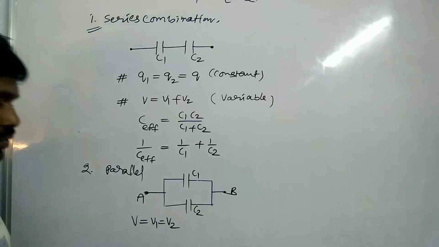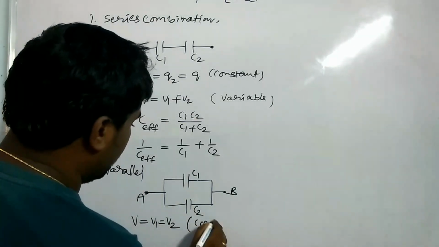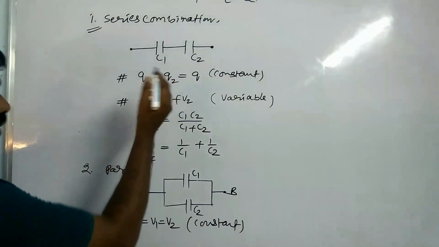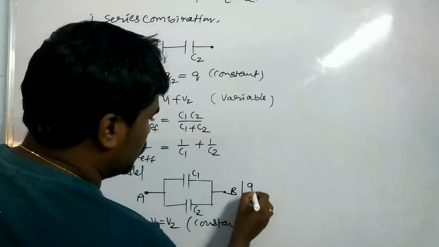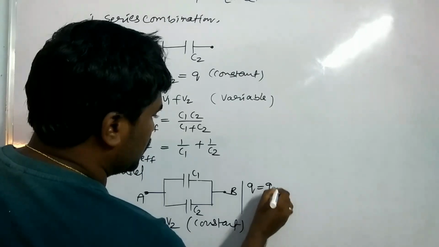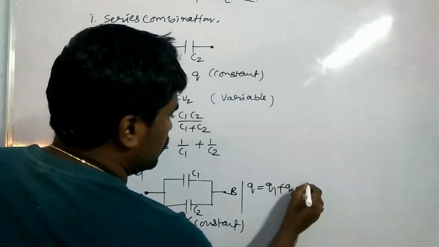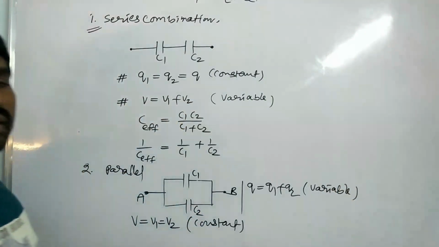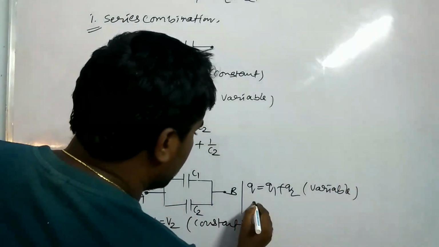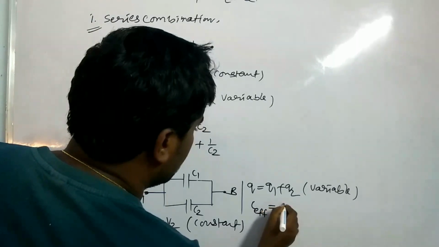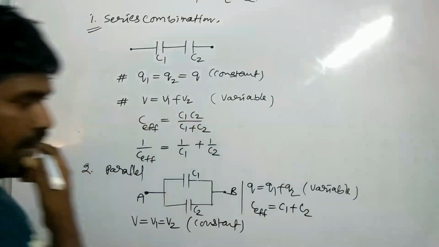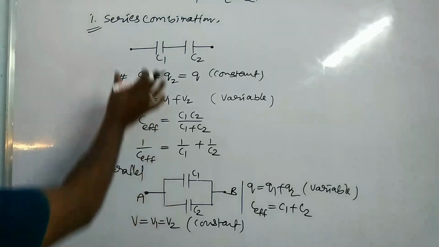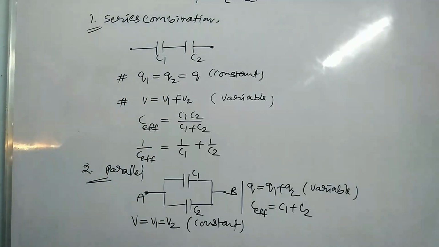So potential is constant here. But which is the variable here? The charge is variable. Charge Q is equal to Q1 plus Q2. So what is the effective capacitance here? C effective is equal to C1 plus C2. So this is the parallel combination and this is the series combination, you have to remember.